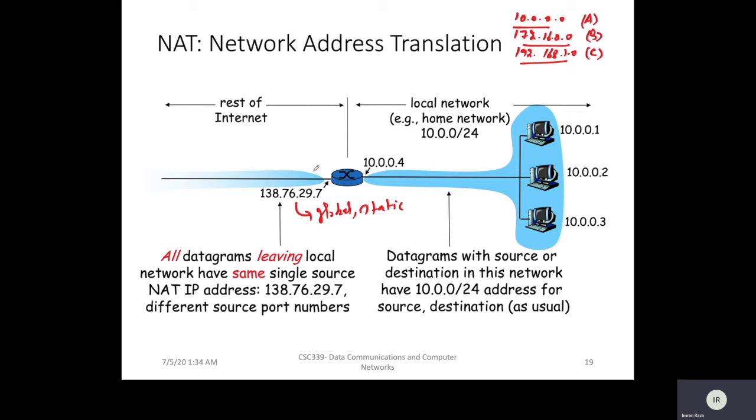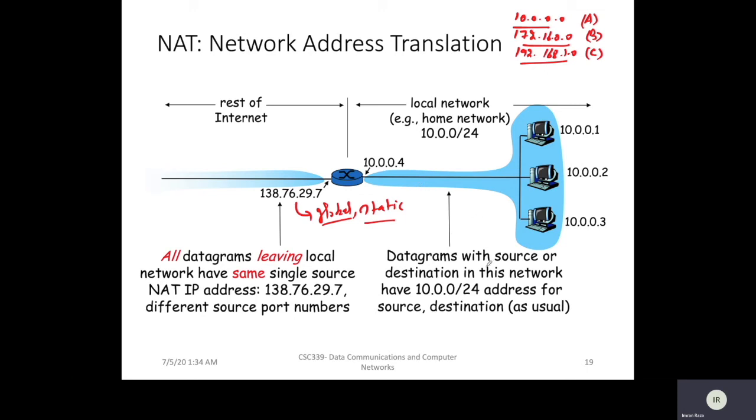So if this machine is sending a request to Google, I'll have this conversion at the NAT at this router, right? So all the datagrams leaving this local network have the same single source NAT IP address, or global or static IP address, which is unique, right? But their port numbers would be different. We'll see in a minute, right?